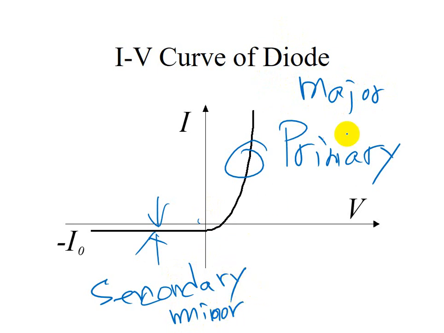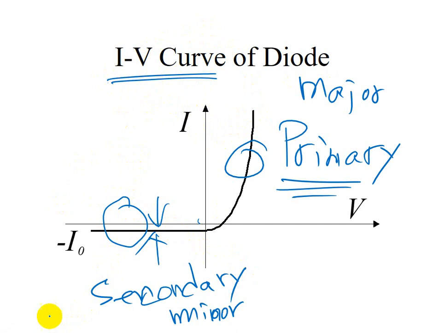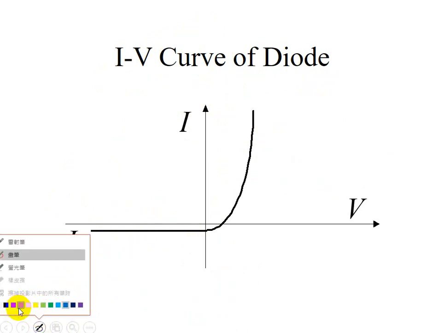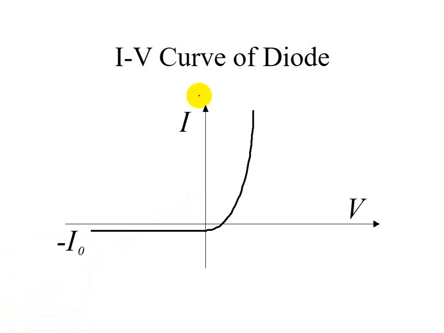For forward bias, the primary charge carrier dominates. For the reverse bias, only the secondary charge particle will go through. This is the so-called IV curve for a diode. Sometimes you will use this specific function of the IV curve. One of the ICs is called the Zener diode.